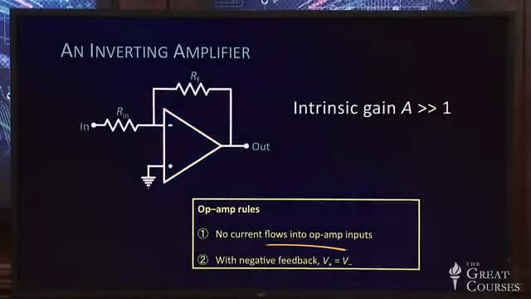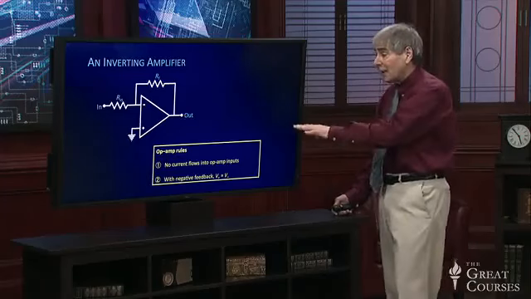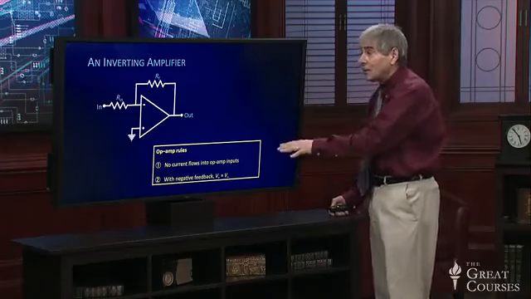That gave us rule 2, that V plus is equal to V minus. It also helped us with rule 1, although rule 1 is also a feature of the op-amps and the way they're designed. So let's see if we can understand how to apply these rules to our inverting amplifier, and in a very short time get the same result we got last time with much more complicated steps.